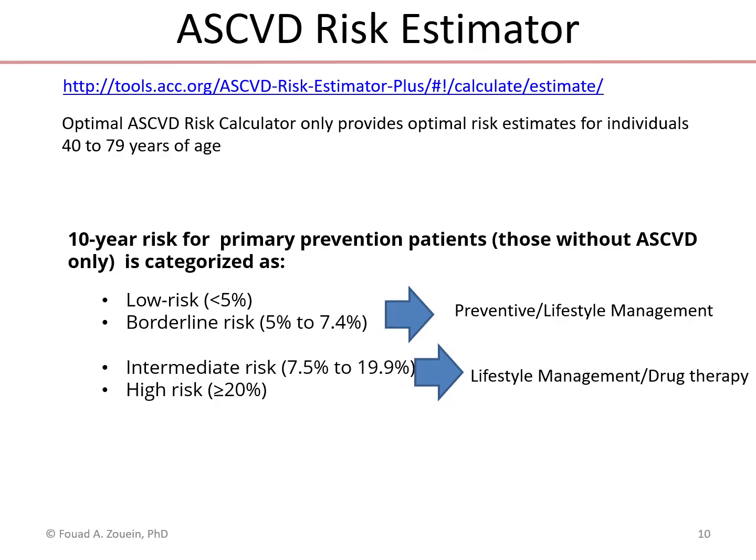Now, these patients or these individuals require, in addition to a lifestyle management, a drug therapy. Because, of course, studies have shown if you do preventive therapy or lifestyle management on its own, it's not gonna bring the risk down to borderline or low risk. So in general, they require a drug therapy in order to bring the risk down below borderline.